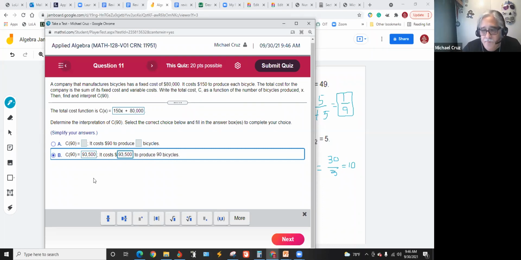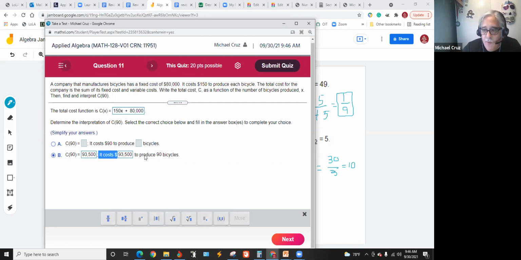There we go. So this is just putting it in words what that means. I mean, this would not be right, the A, because the least it's going to cost to produce one bicycle, you got to have $80,000 plus $150. So 80,150. So that one's not right.